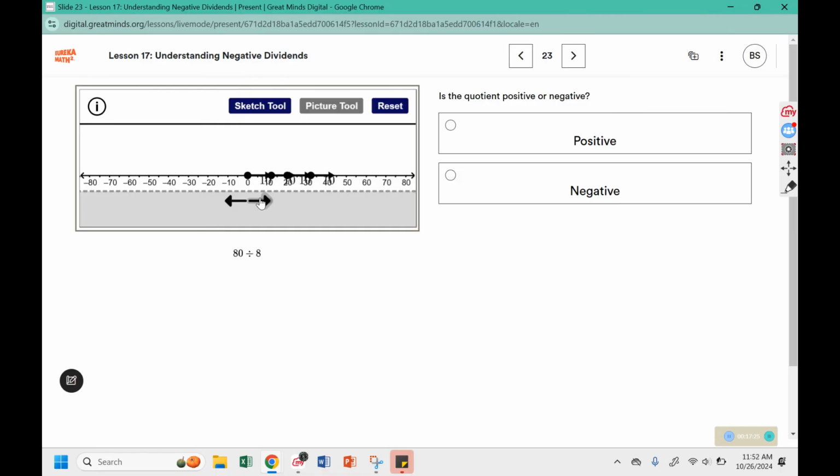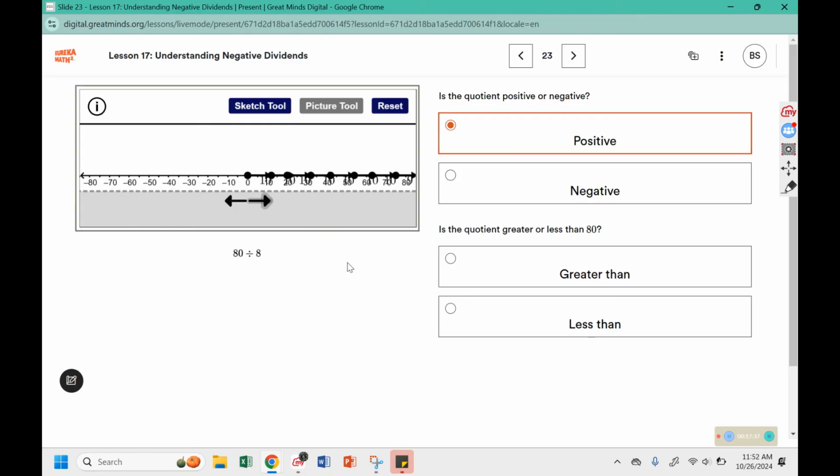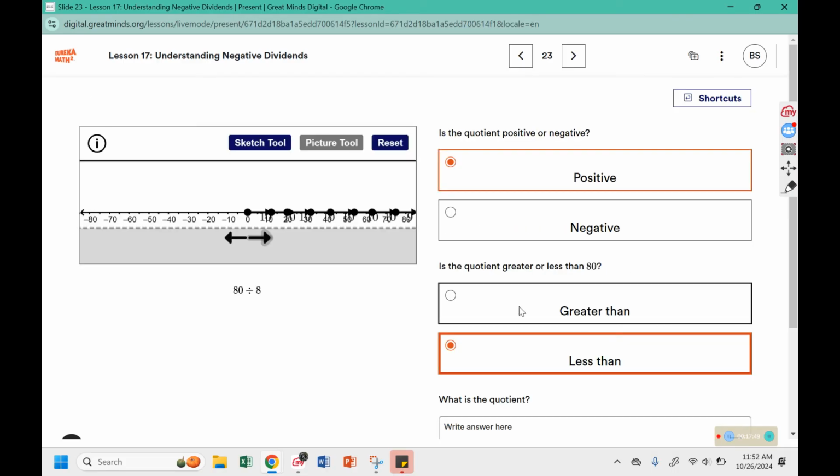So these are going to be positive tens. They have the same sign, so they would be positive. Is the quotient greater than or less than 80? Well, we're splitting 80 up into 8 parts. So it's going to be less than 80. It's going to be equal to 10.